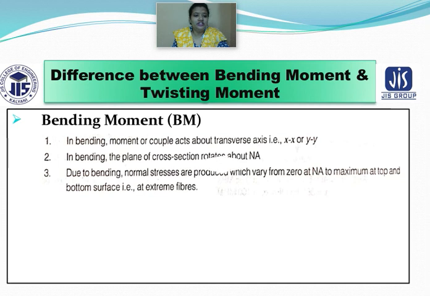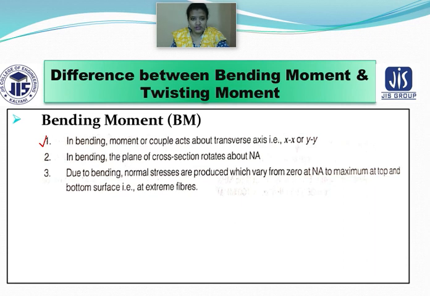So if I talk about the bending moment, then the first thing that I would like to say is that in bending, moment or couple always act about your transverse axis.